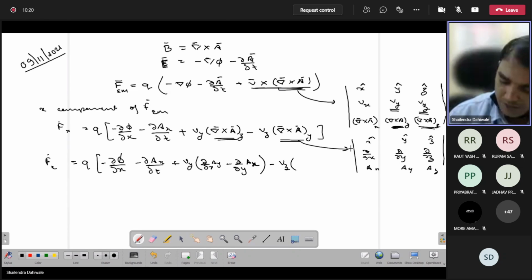So what is the y component of this? This minus this, right? Del x and minus of that, so you have to make the sign arrangement of that, right? So Vy del y of Ax minus Vy del x of Ay, right?